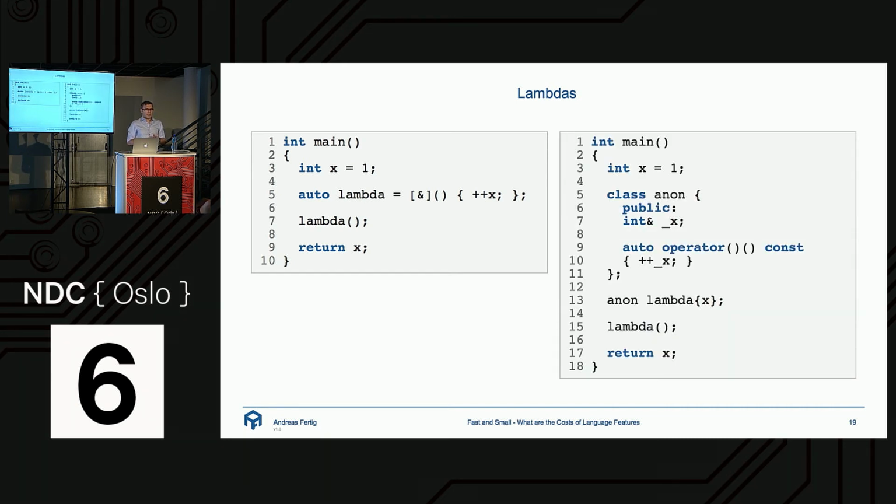On the right side, this is how a lambda most likely looks from the internal view of a compiler. This class has a compiler-defined name, so we do not need to care what the type of the lambda is, it's unknown to us. The essential part is the function call operator within the lambda.